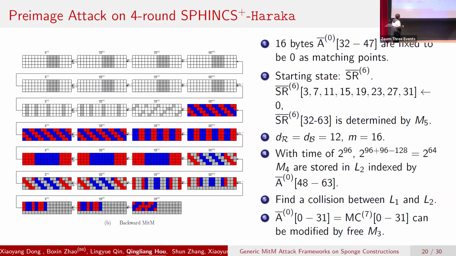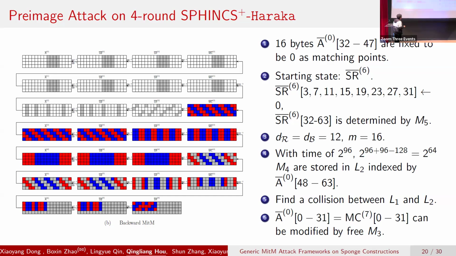For the backward, it's similar. We also fix the 16 bytes in A0 to be 0 as the matching points, and with time of 2 to the 96, we could find 2 to the 64 M4 satisfying the 16 zero bytes.